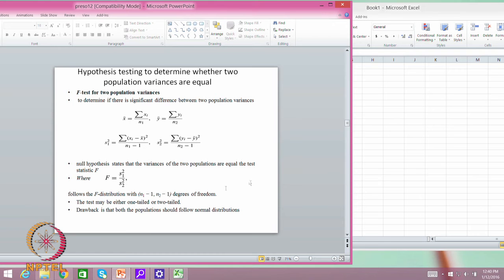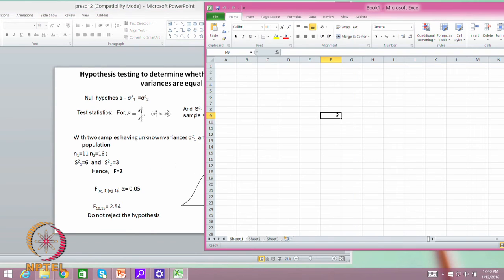So, let us look at the previous case. We will say Fdist, 2 is my test statistic, and 10 and 15 are the numerator and denominator degrees of freedom. So, it gives you my p value, that is 0.10914.